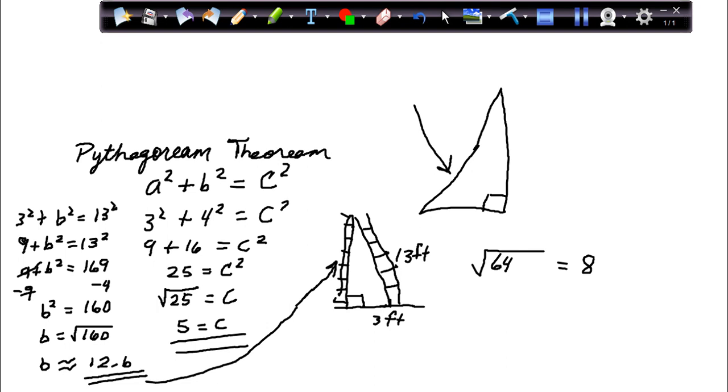Now look at the note at the bottom of page 392. Most of the time, you will need to use your calculator for the final step when using the Pythagorean relationship. To find the square root of 160 on the TI-30XS MultiView, press the second key, then the square root key, 160, and enter.